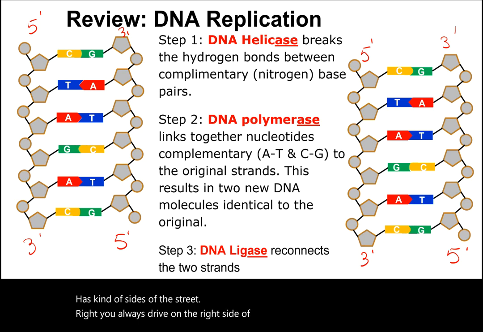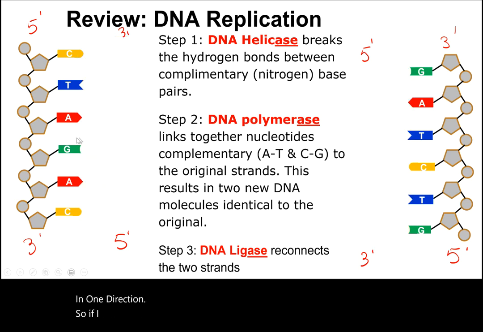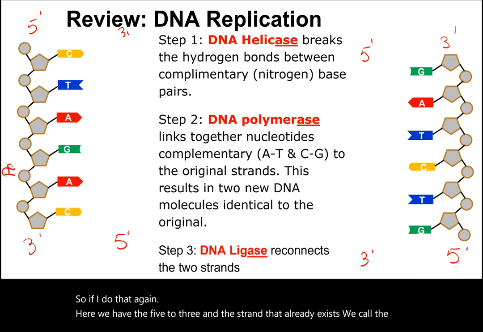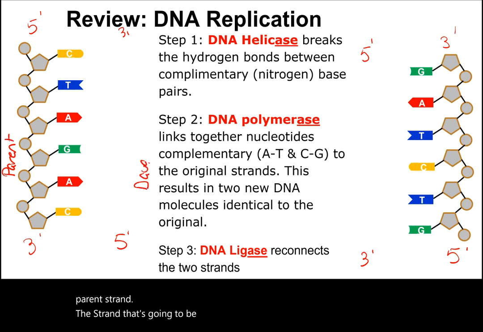Well, DNA polymerase can only work in one direction. So if I do that again, here we have the 5 to 3', and the strand that already exists we call the parent strand. The strand that's going to be formed, we call the daughter strand, right?